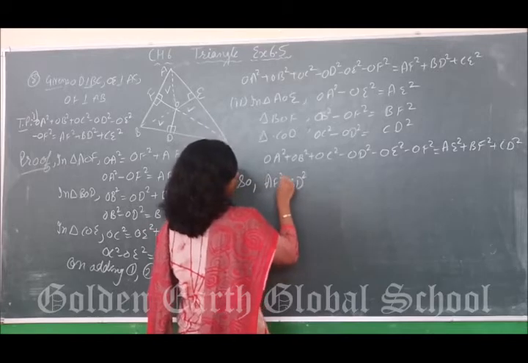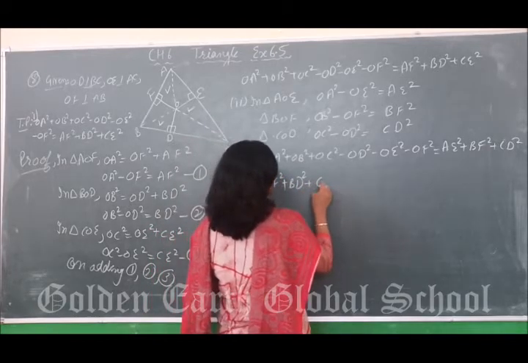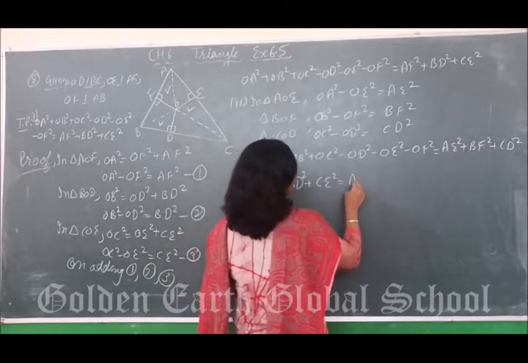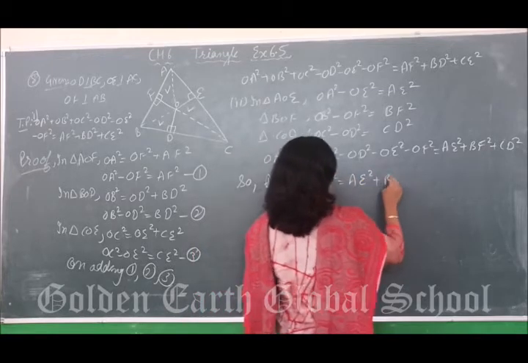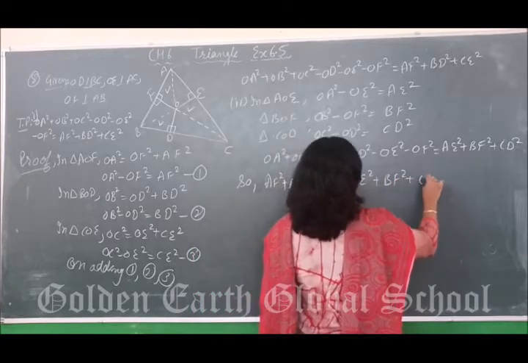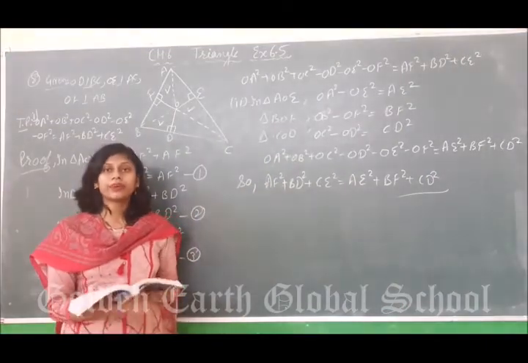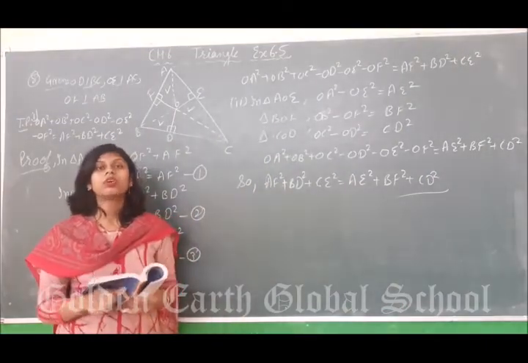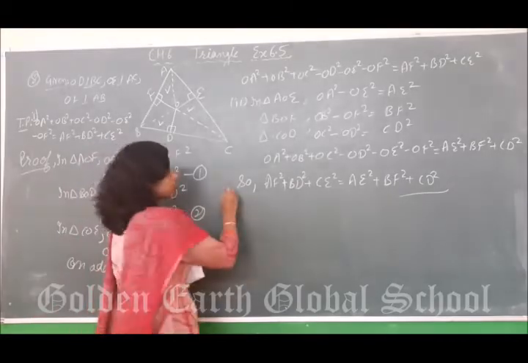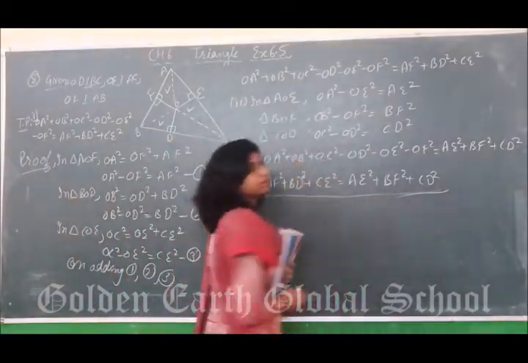AF square plus BD square plus CE square is equals to AE square plus BF square plus CD square. Here left hand sides are equal, so we can conclude right hand sides are also equal. So this is your 8th question.